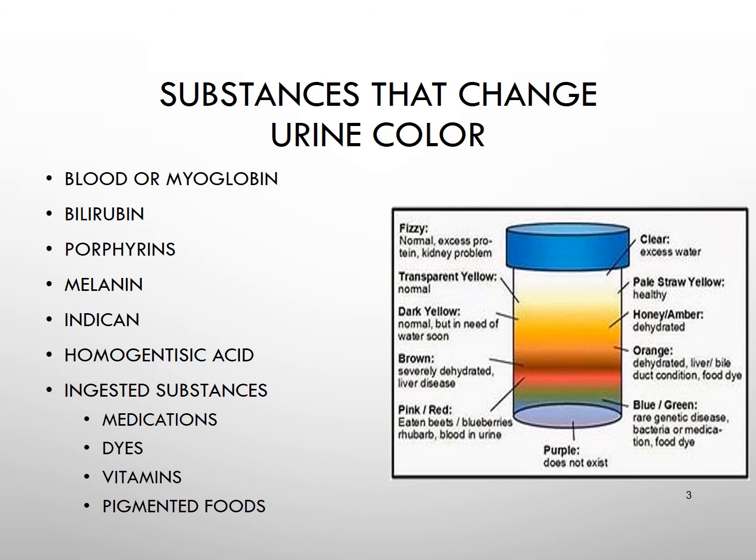Now, some substances are colorless and normally do not contribute to the urine color changes, but upon standing, they can convert to several colored compounds. So urobilinogen is a normal product of urine, but if it's oxidized, it can have an orange-brown pigment.